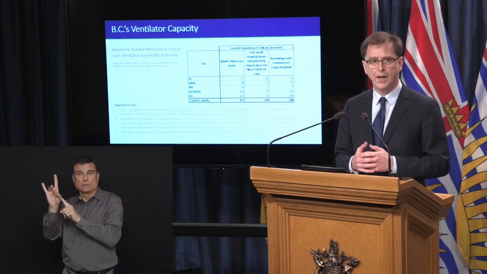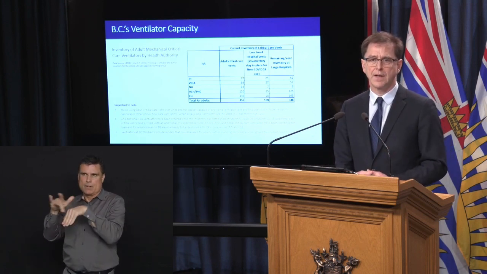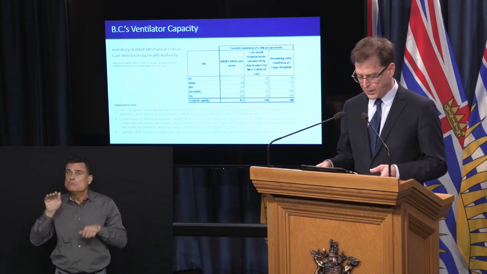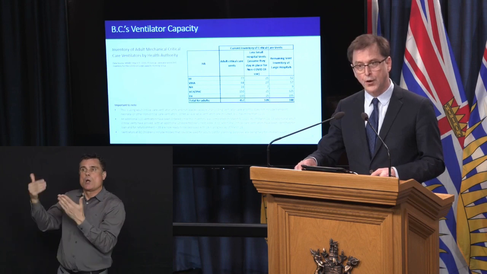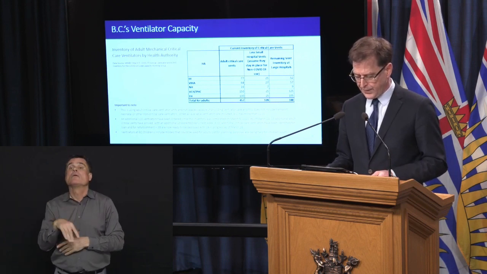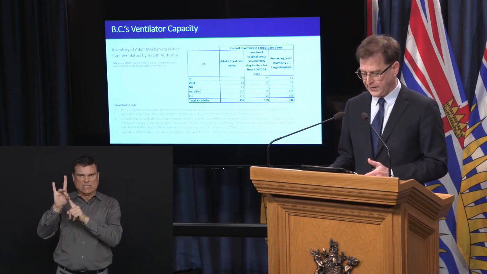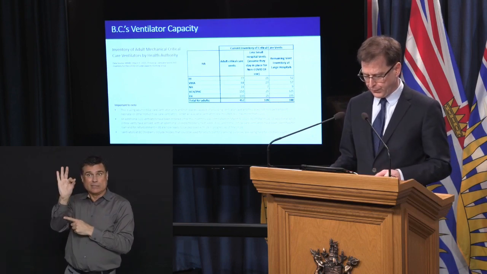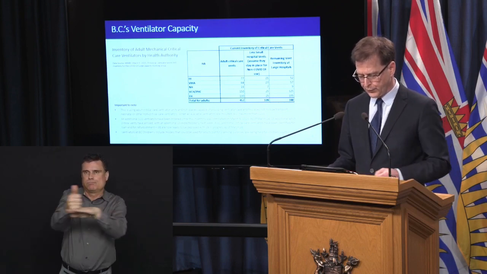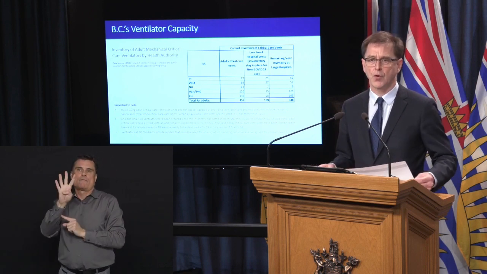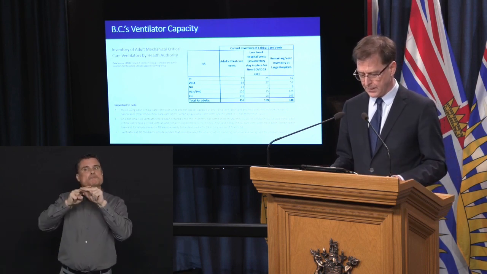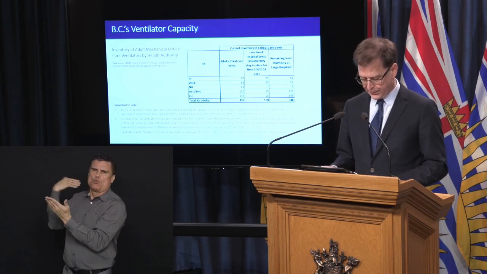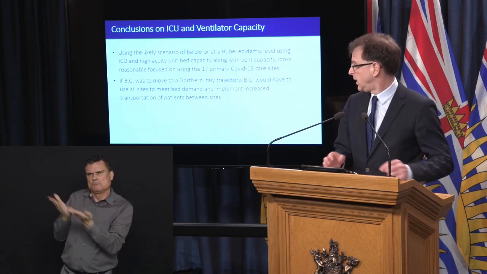I note that, as we said yesterday, we added 15 ventilators that we have purchased. We've refurbished 38 ventilators that are ready to go, and 19 other ventilators that will be ready to go next week, in addition to the 1272, in addition to the 348. So that's 72 more in those categories. And we also have ordered more ventilators, which we're expecting to come next week. So that gives you a sense of the ventilator capacity in British Columbia.